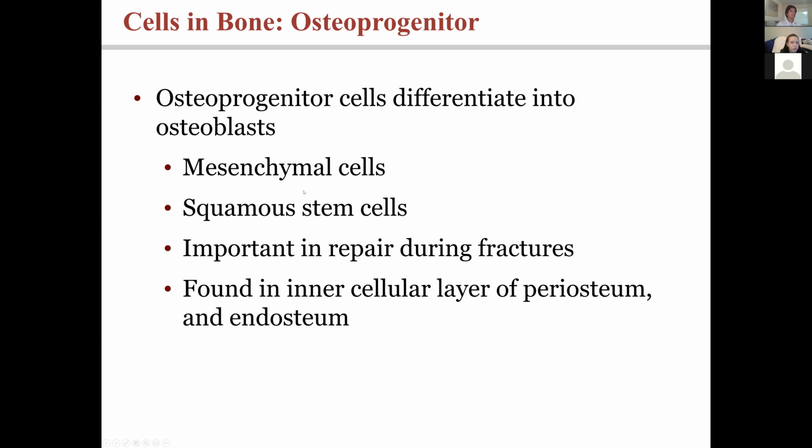We will have also squamous stem cells that can be part of these osteoprogenitor cells. They're going to be important within repair during fractures, and once again, they're found in the endosteum and the cellular layer of the periosteum.